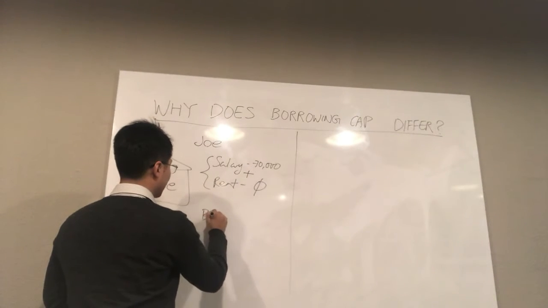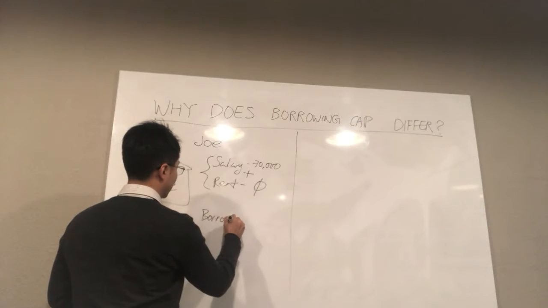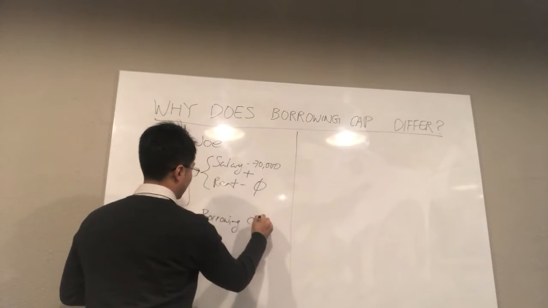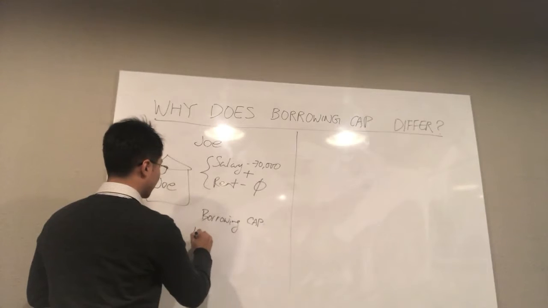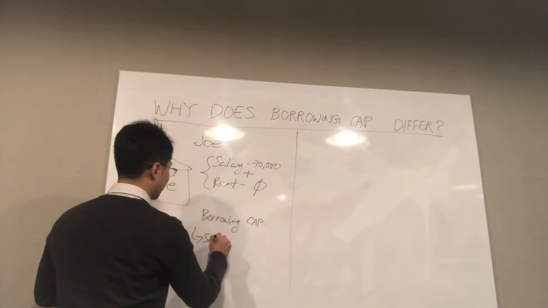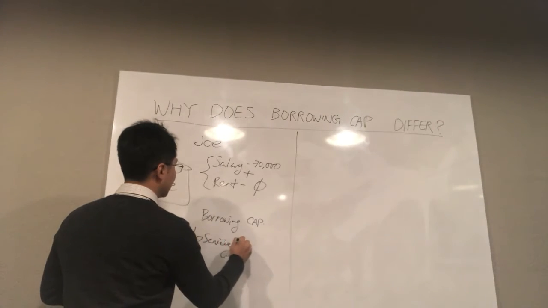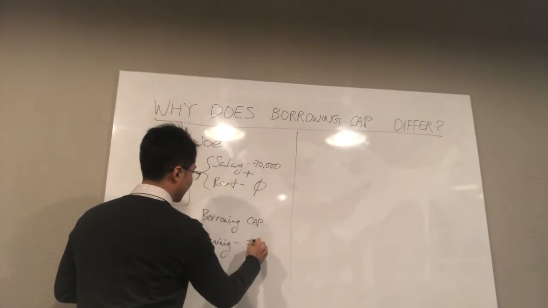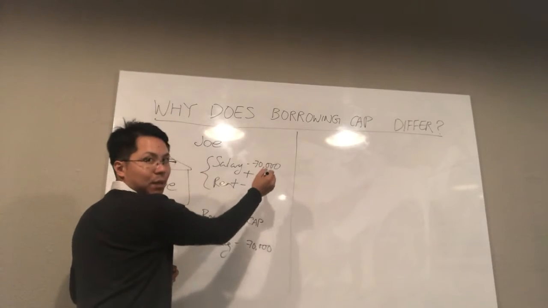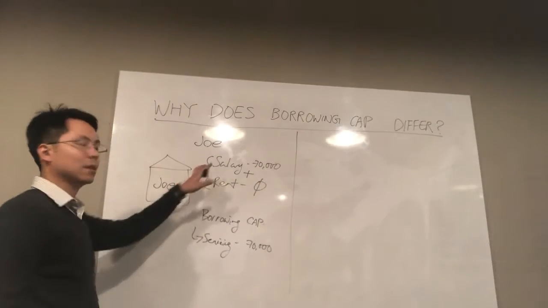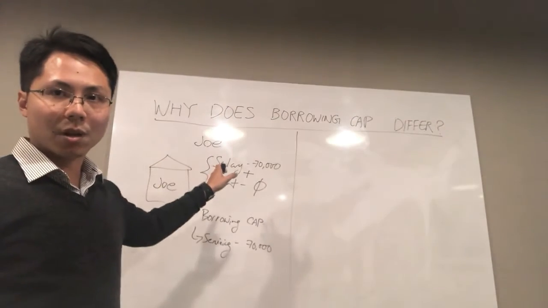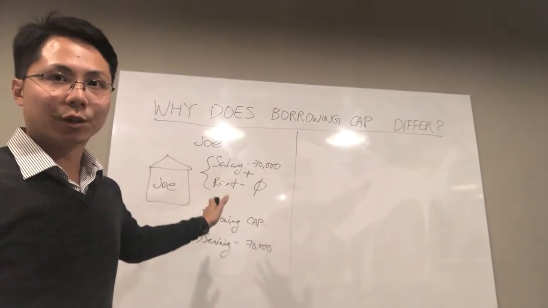So in terms of borrowing capacity, the number that can be used for servicing is $70,000. Simple. Because there's no rent, the salary is used 100%.